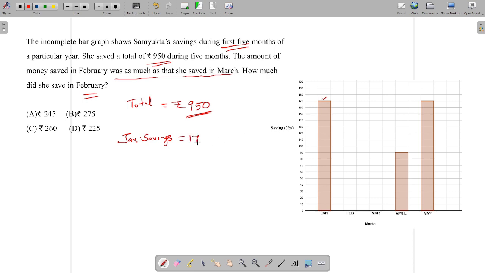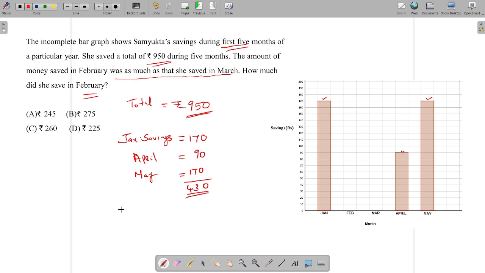In April, because February and March are incomplete, from the graph it is 90. And May, from the graph, is 170. Let us add these. We will get 430 for the 3 months.